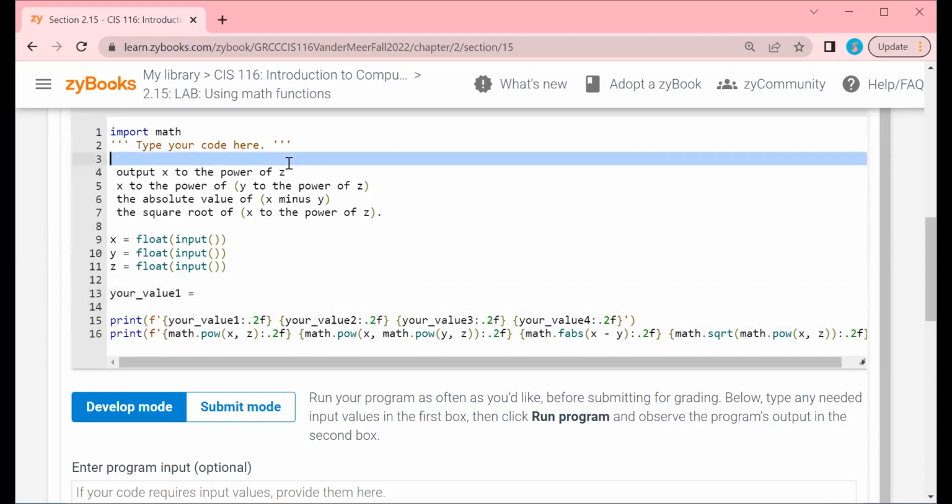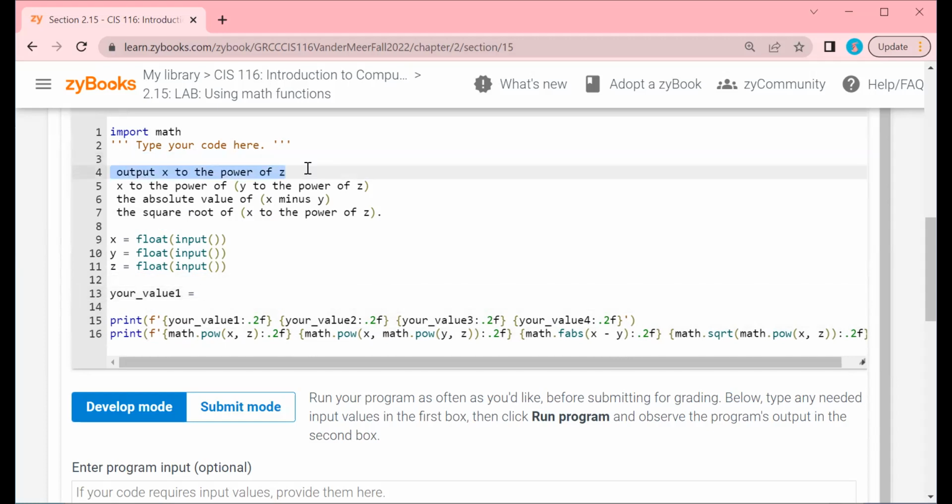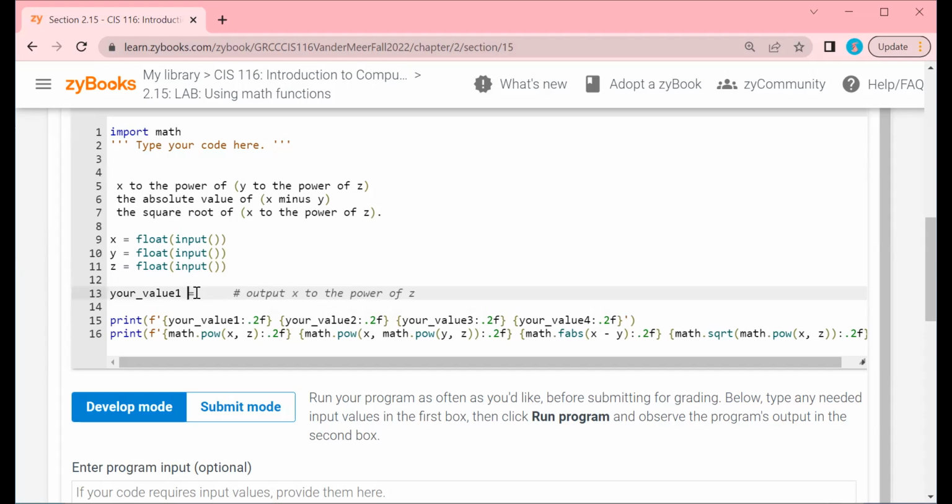This is what we're trying to calculate for this one. X to the power of z. Yep. So let me just put this down here so we have it right there. So we're trying to calculate x to the power of z. Now in math, you say x caret z, right?